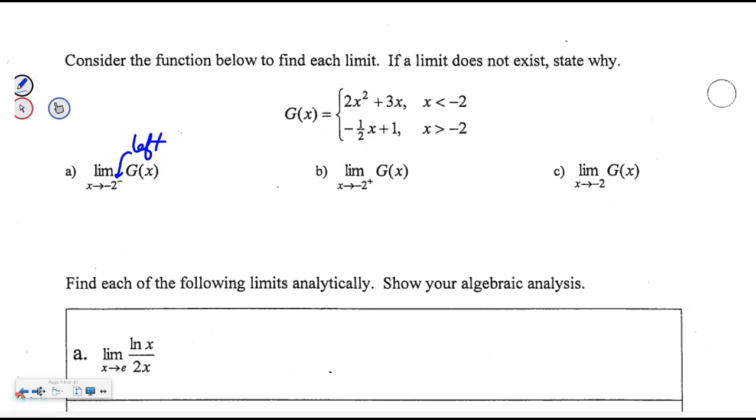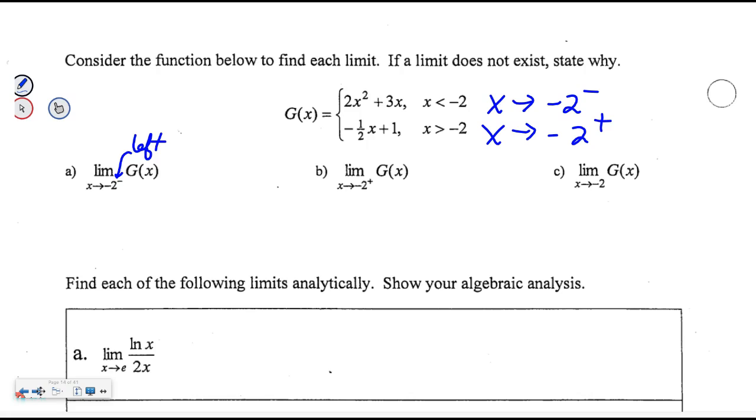Will that throw me into the top or throw me into the bottom piece? You've got to use the inequalities. Which one will send you to the left of -2? Top piece. Yep. So what that's telling me is this actually is when I'm approaching -2 from the left. This will be used when I'm approaching -2 from the right.